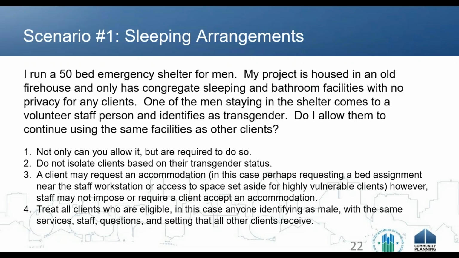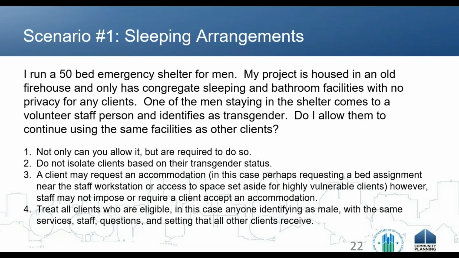But a client requesting an accommodation is different from staff making a judgment and requiring the client to accept an accommodation. At that point, it crosses from a request to a requirement, and that's when it becomes potentially discriminatory.